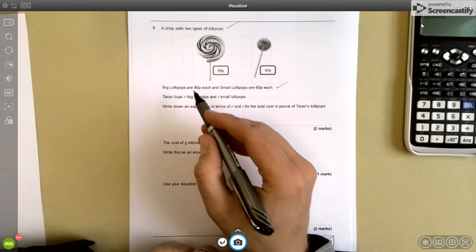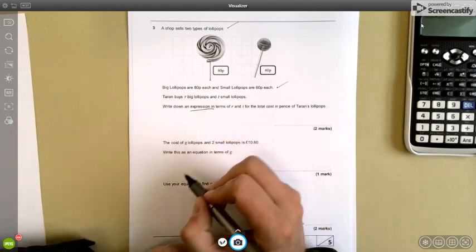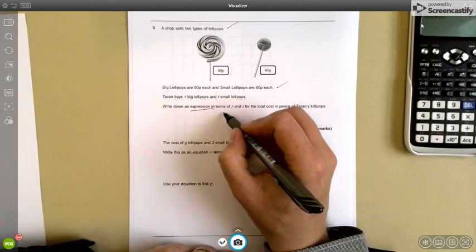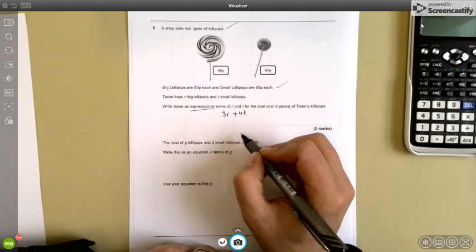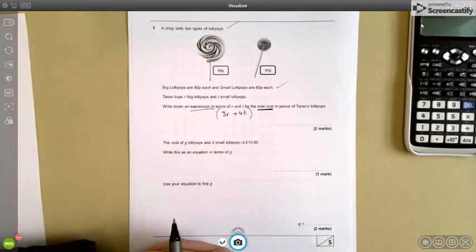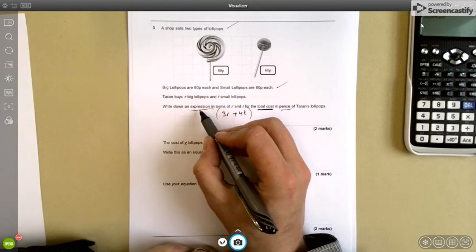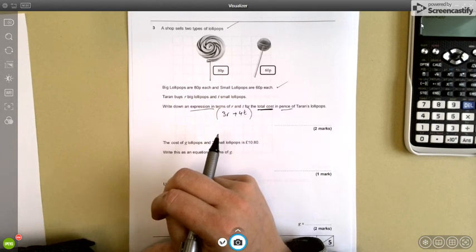So an expression is going to be some algebra. We're going to have terms that have R and T, so it could look like something like 3R plus 4T. And we want the total cost, and it's going to be in pence. Now it's an expression that shouldn't have an equal sign in it. It's just some algebra.